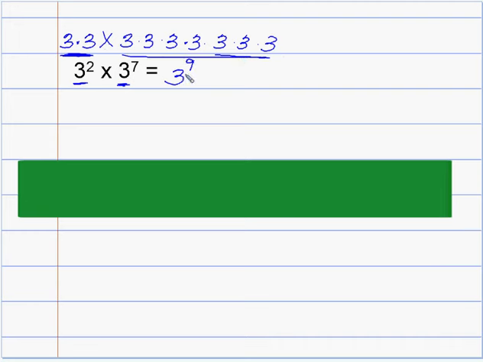And we're not going to figure out what 3 times 3 times 3 times 3 times 3 times 3 times 3 times 3 times 3, 3 to the 9th power, is. We're not going to evaluate that. We're just going to write it as 3 to the 9th power.